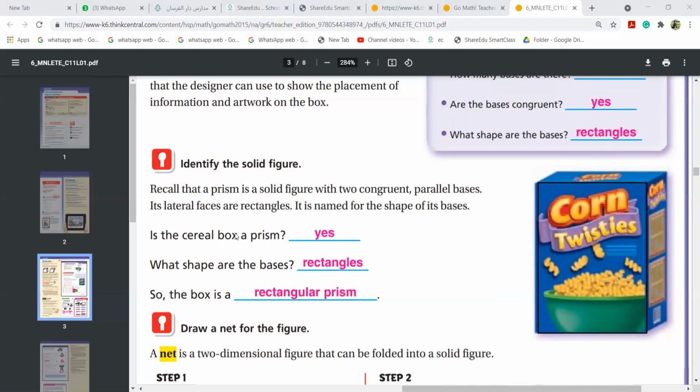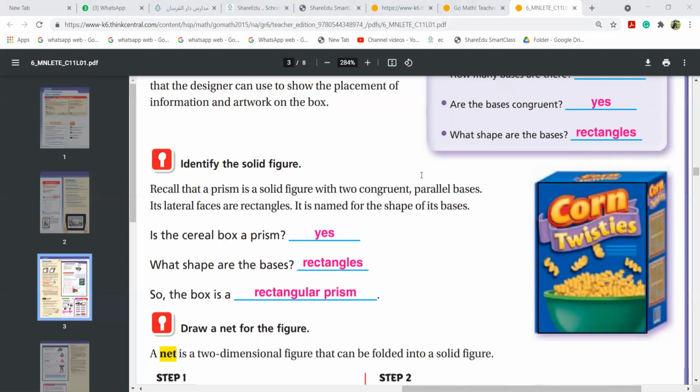Is the cereal box a prism? Yes. What shape are the bases? Rectangles. I use prism because that means a 3D shape. The box is a rectangular prism. Yes, it is a rectangular prism.